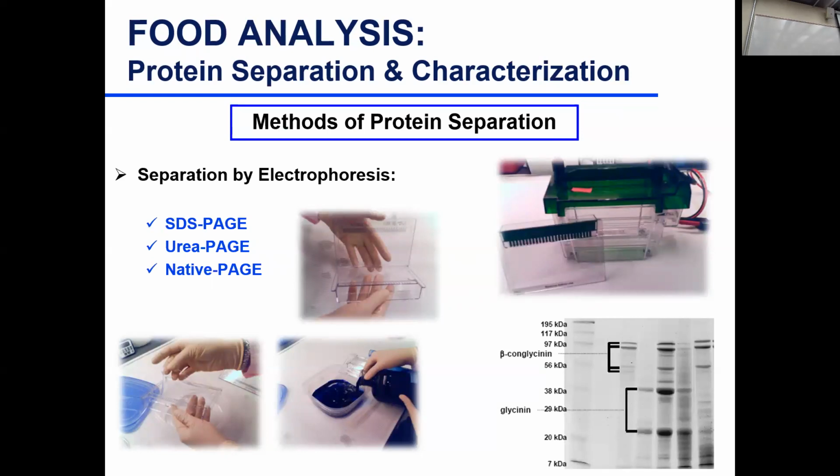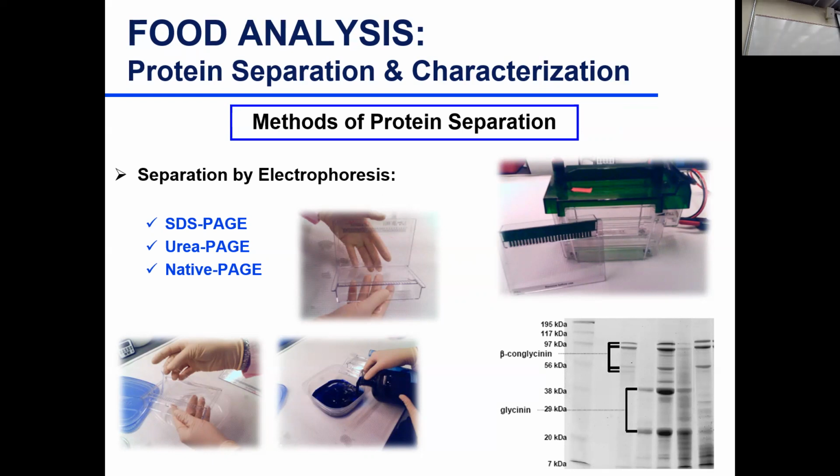So you can have SDS-PAGE. SDS-PAGE means sodium dodecyl sulfate polyacrylamide gel electrophoresis. The polyacrylamide forms your gel, and depending on its concentration, you get different pore sizes in the gel.